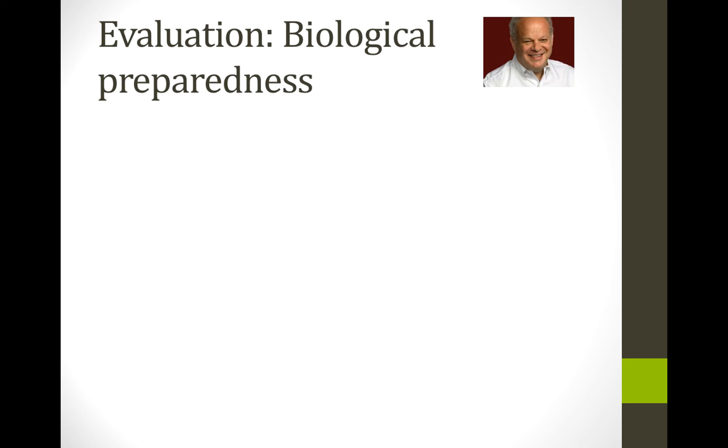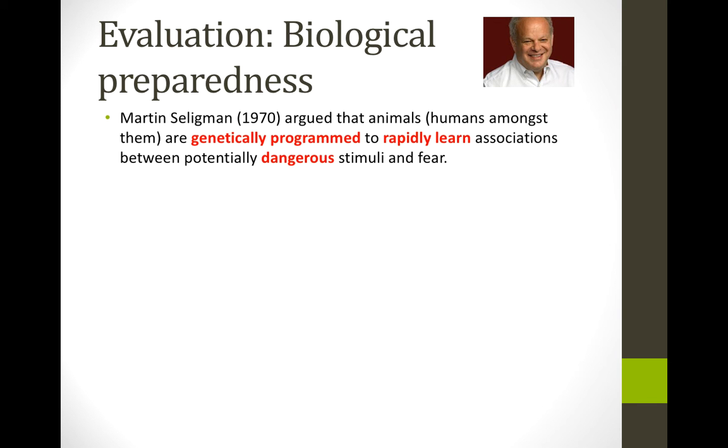Another evaluation point is biological preparedness. The fact that phobias do not always develop after a traumatic incident may be explained in terms of biological preparedness. Martin Seligman argued that animals, including humans, are genetically programmed to rapidly learn an association between potentially life-threatening stimuli and fear.